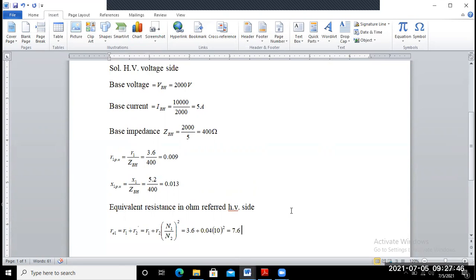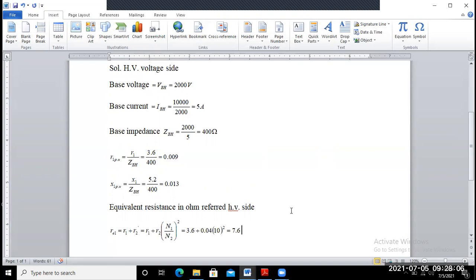Similarly, we will find out the equivalent reactance in per unit. First of all, what is the value of Xe1 per unit?